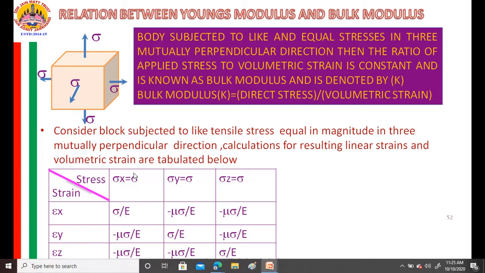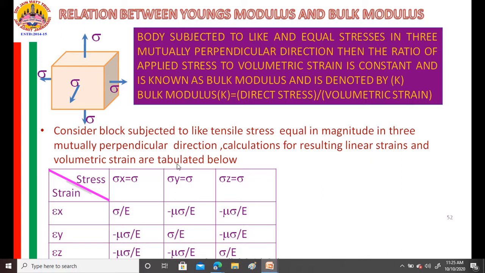A stress will lead to the same strain in the direction of the stress. Here the strain is sigma by E. X and y, strain is minus mu into sigma by E. X and z, strain is minus mu into sigma by E.